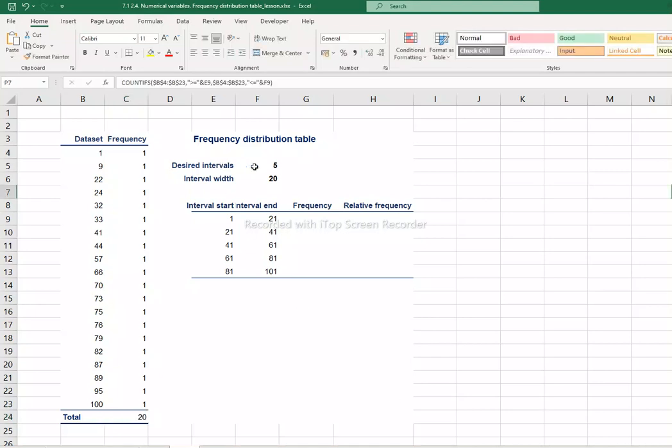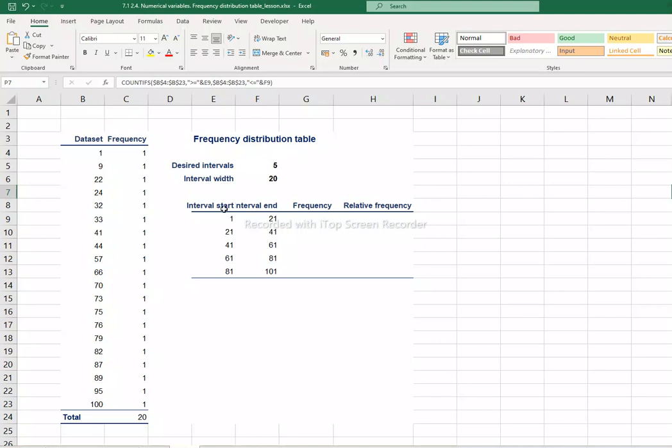So the desired intervals are given as 5. This would be given in your question, or you should know how many intervals you want to create, and the interval width is 20. For example, sometimes you make grades of students, like the students falling in 70 to 80 should be given an A, or you count how many students got such marks. So this is the interval width.